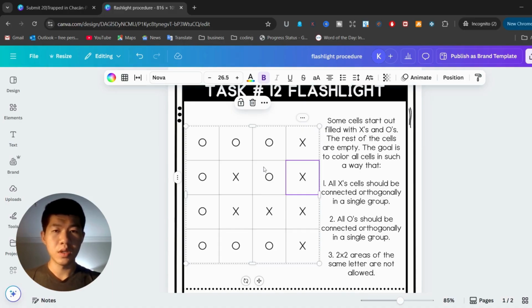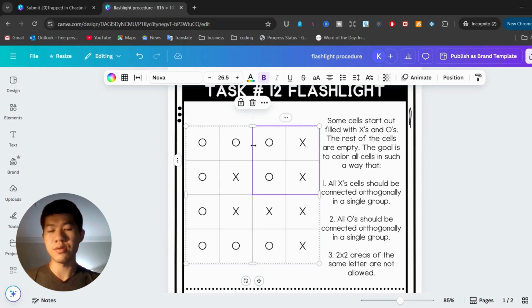So let's just check to see that all the O's form one continuous path, right? Same thing with the X's, right? And if I look at each 2 by 2 grid, they are not of the same letters, right?